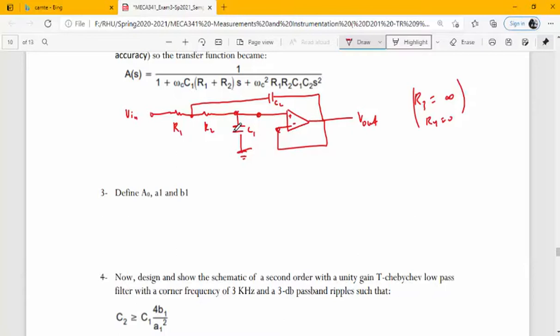Alright, so what is A0? By comparison, we know that for second order we have A0 over 1 plus A1 s plus B1 s squared.